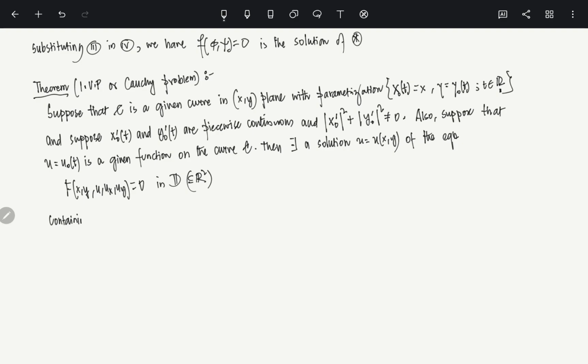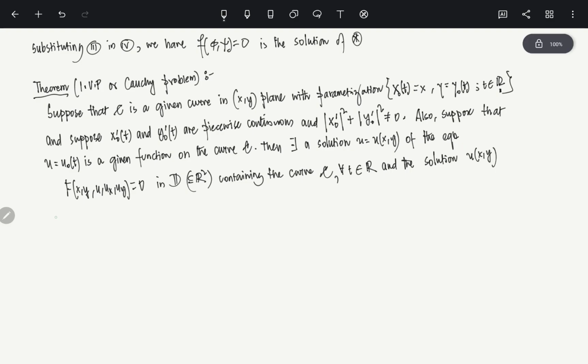So this D will contain the curve C. So basically the domain should contain, of course, curve C for all t in R. If you are writing it to be in some interval I, then that will be I. And the solution u of xy, okay, satisfies the initial data.